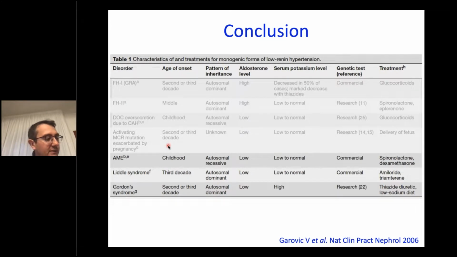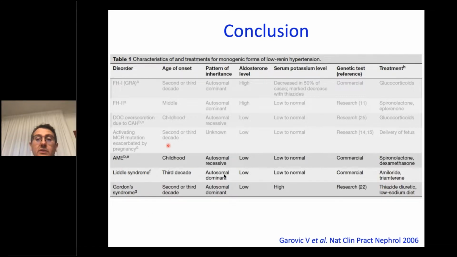So in conclusion of all these three cases that I presented here of monogenic form of hypertension, this condition can sometimes be easily discriminated when we look at age of onset, for instance, because Liddle syndrome and Gordon syndrome occur more in the second and third decade of life, while AME, with autosomal recessive inheritance, occurs in childhood.